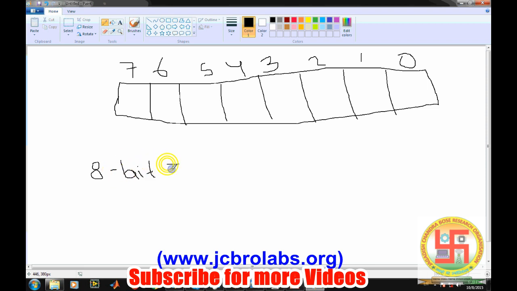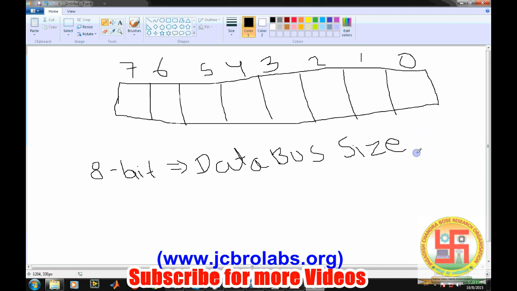That means the size of the data bus is 8 bits. Data bus size means the information which can be stored or transferred in a single clock from one side to another can be of 8 bits only. That means the number of wires which are clubbed together is 8.